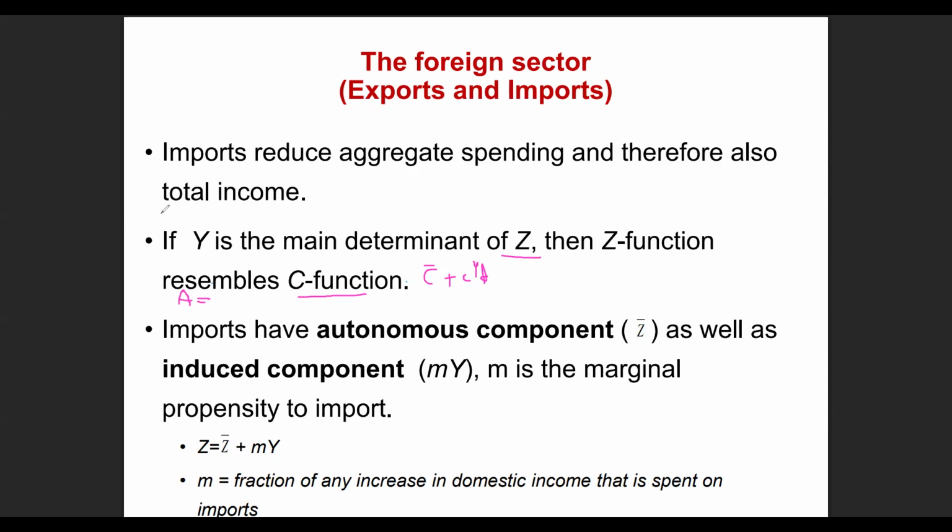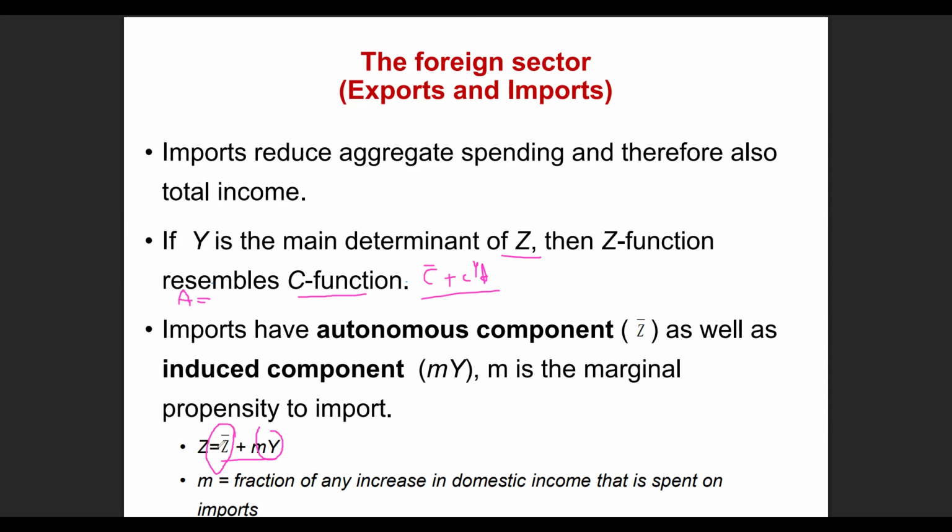remember we said since income is the main determinant of import, then Z resembles the C function, meaning that the import function now looks something like this. Okay, here it is. Whereby this Z here, with the import as well, we also have an autonomous component as well as an induced component of import.